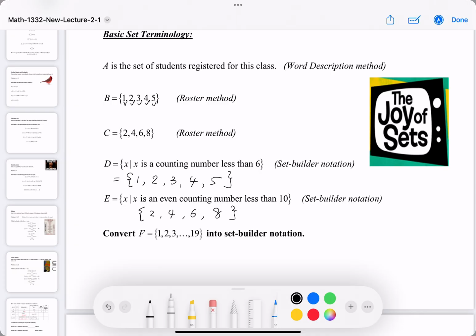So in set builder notation, I'm going to write F is equal to all of the x such that x is an element of F, x is a counting number less than 20. You can also say x is less than or equal to 19.